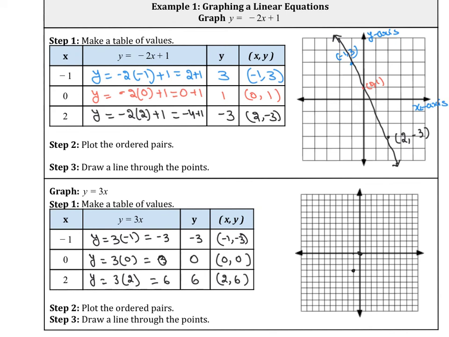And our third point, which is the last point, is 2 comma 6. So 2 on the x-axis and 6. So you go 1, 2, 3, 4, 5, 6. Now you're going to connect all these 3 points and get a line graph of y is equal to 3 times x.